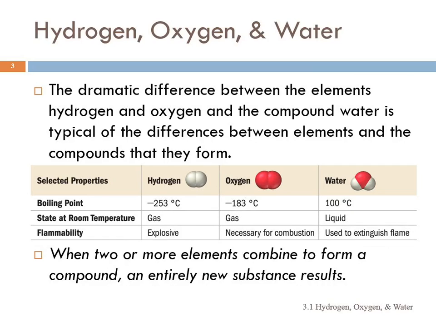When we combine 2 or more elements to form a compound, we get an entirely new substance forming. It's not just a mixture, it's a brand new substance. And the properties are very different. And we see patterns like this whenever elements combine to form a compound.